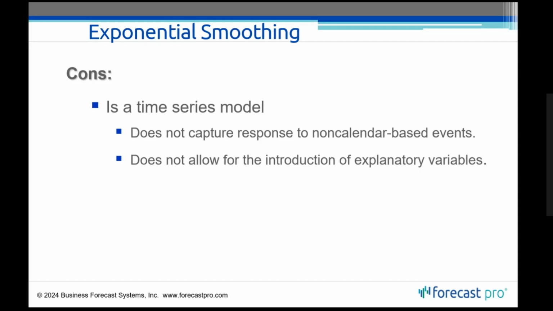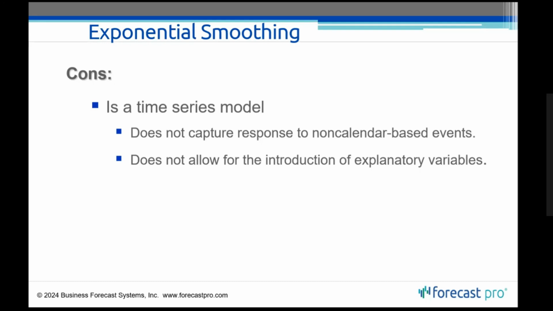It also is not going to allow you to bring in what are called explanatory variables. Let's say there are variables that are driving your demand. Let's say you're forecasting something that's driven by temperature. So, for example, if I work for an electric power company and I'm trying to forecast demand for electricity, on real hot days, people tend to run their air conditioning and use a lot more electricity.